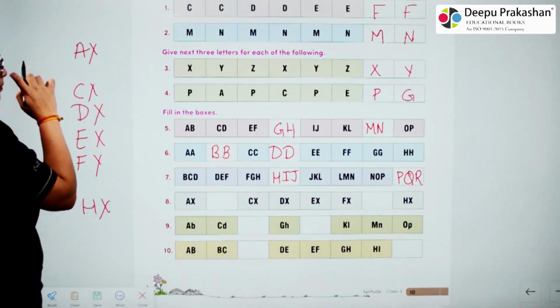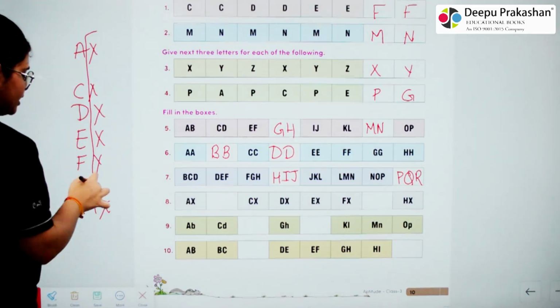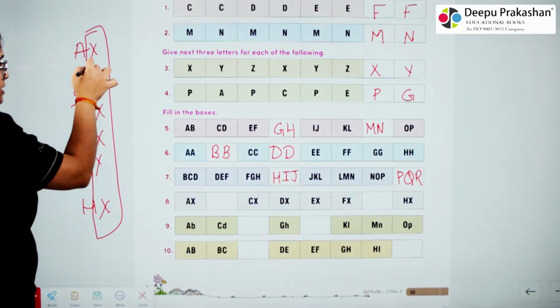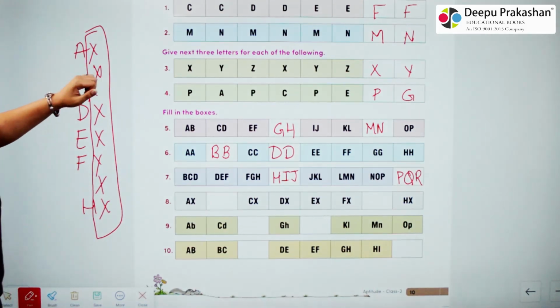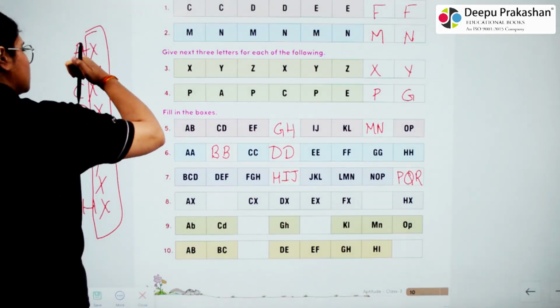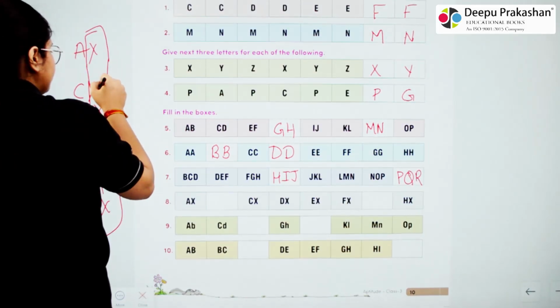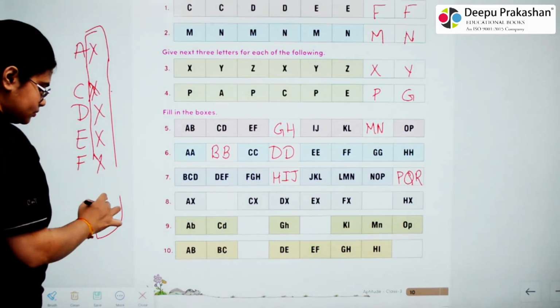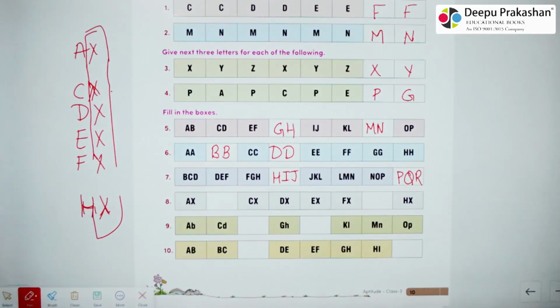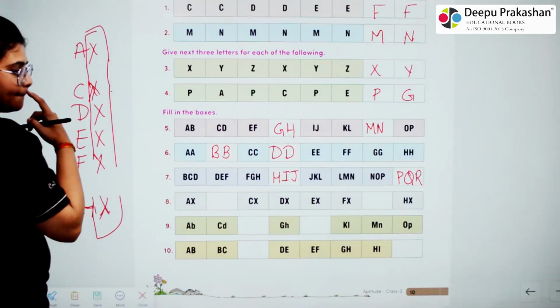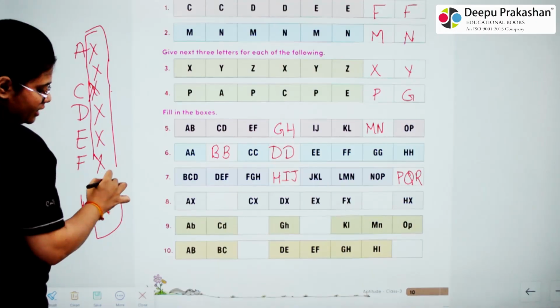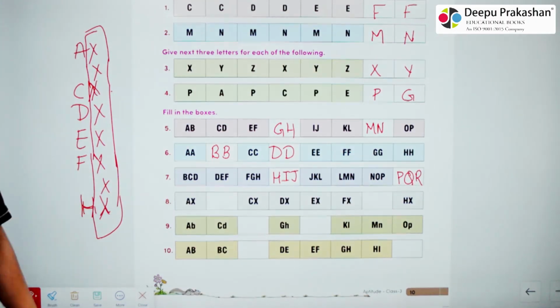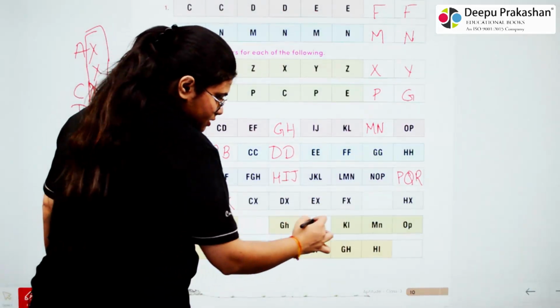That means if we look at the second alphabet in every pair, it is X. So we can easily write X and X at the second place of the pair that is missing to us.